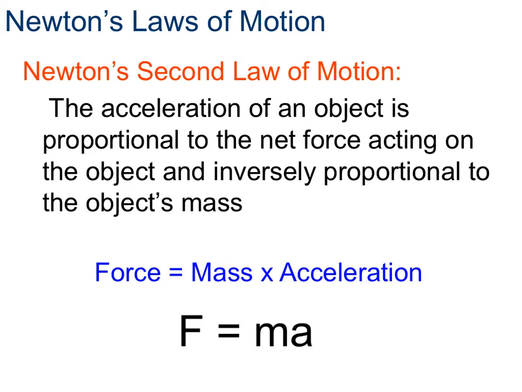Newton's second law of motion has to do with how mass and acceleration are related to each other in terms of how an object moves. Basically what it boils down to is force is equal to mass times acceleration.